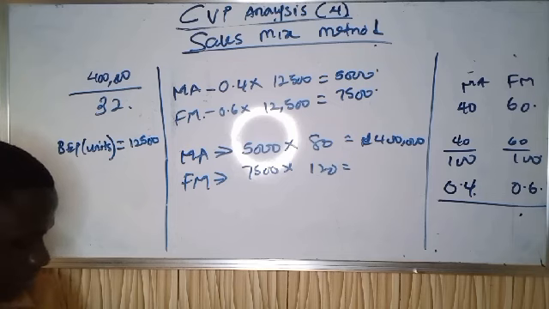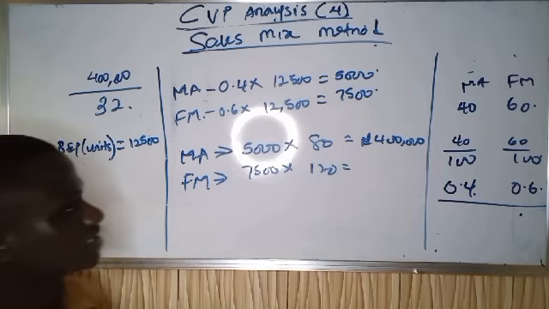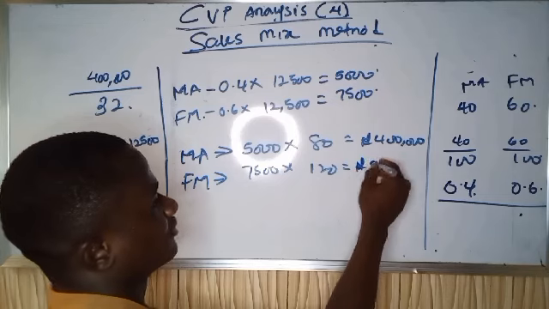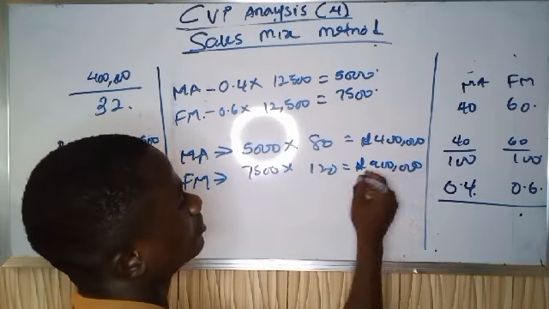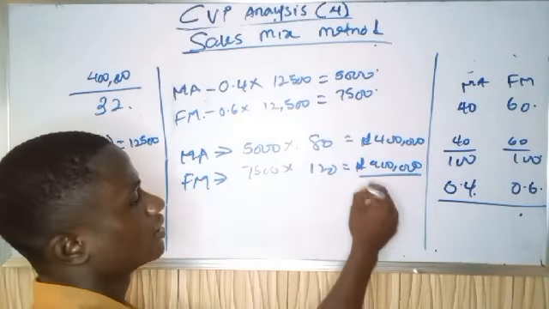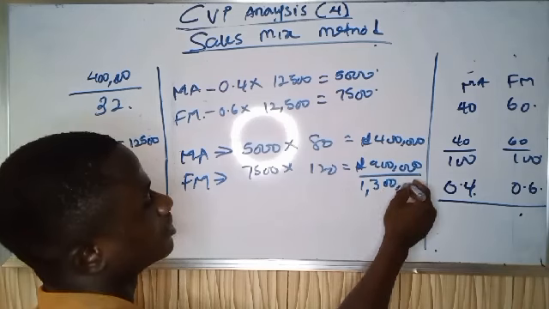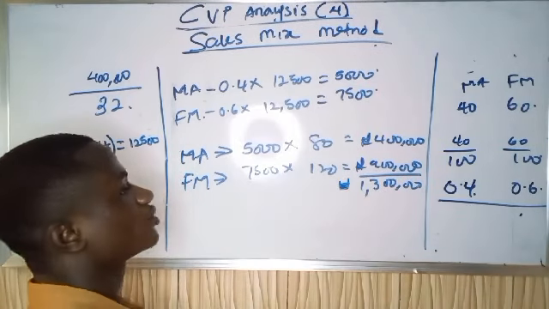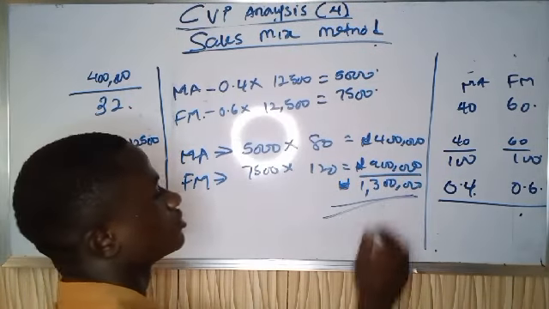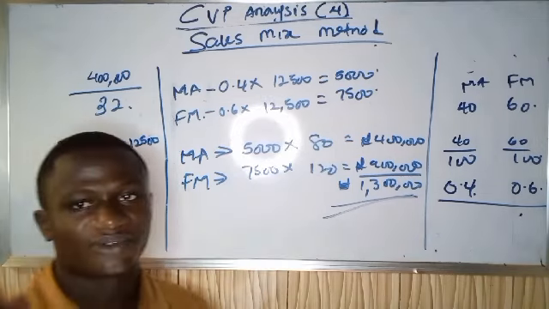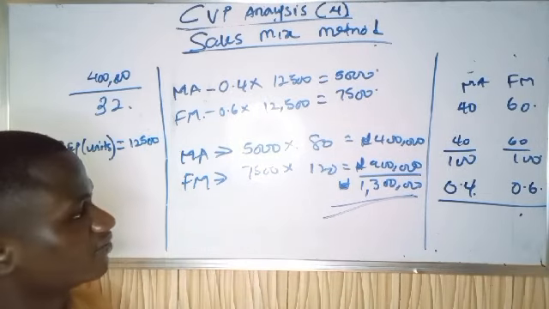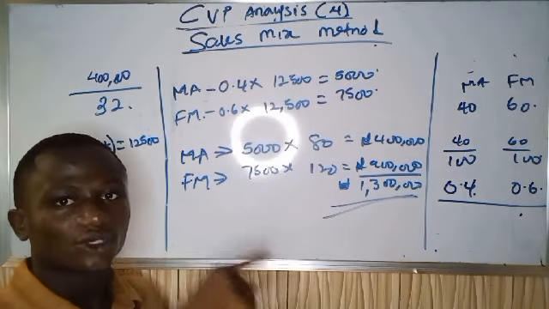And 7,500 multiplied by 120, 900,000 is what I generate from selling FM to break even. If I add the two together, I'll get 1,300,000.